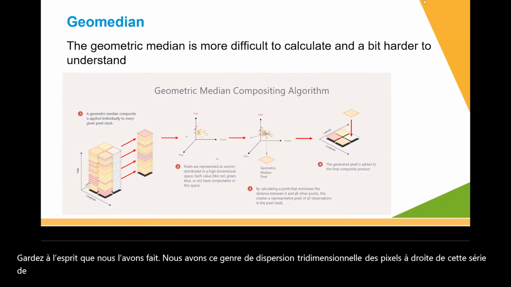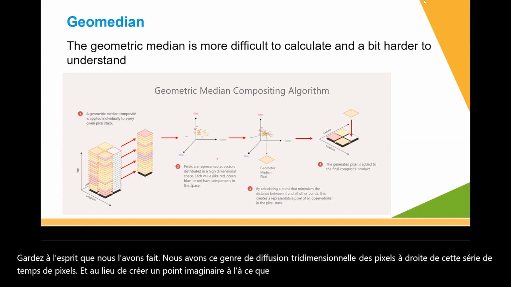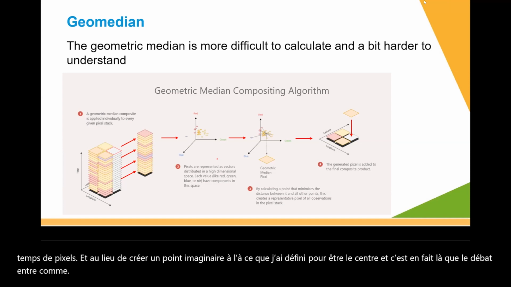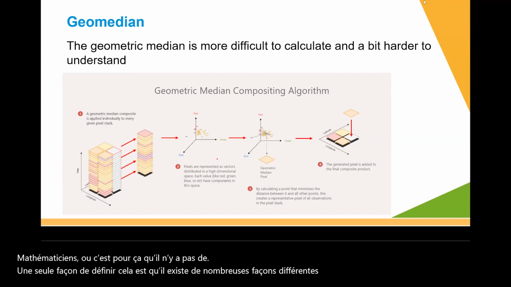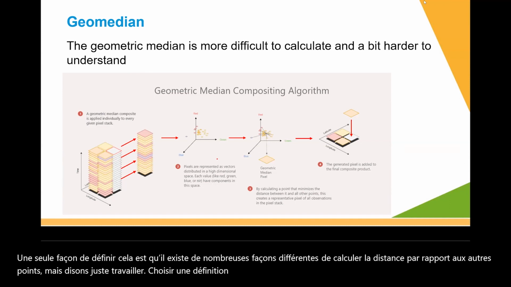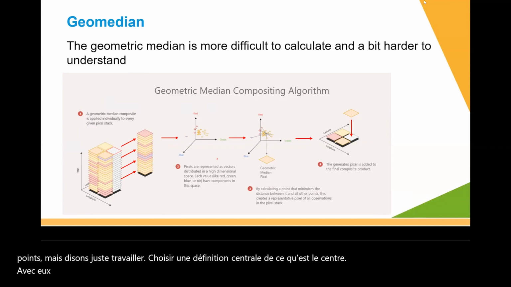And instead of creating an imaginary point at whatever I define to be the center, and that's actually where the debate amongst mathematicians is, that's why there's not a single way to define this, there are many different ways to calculate the distance to the other points. But let's just say we're choosing a definition of what the center is. With the Geomedian, we create a point at the center.